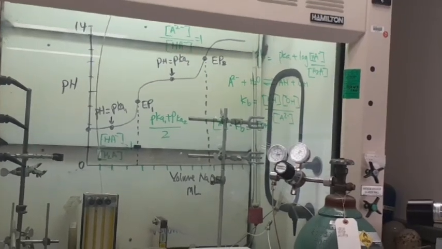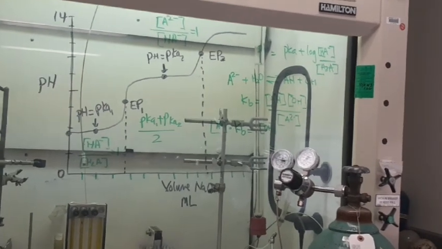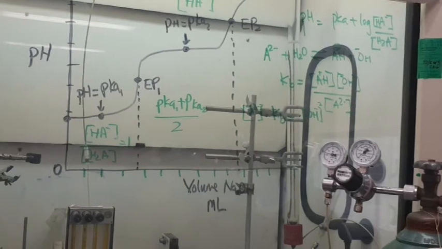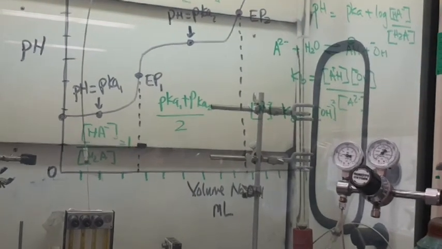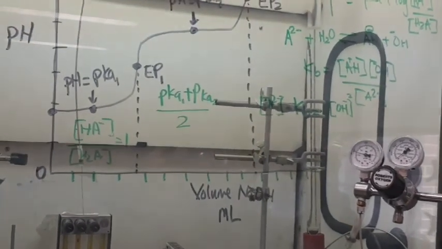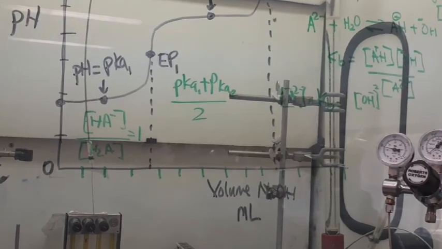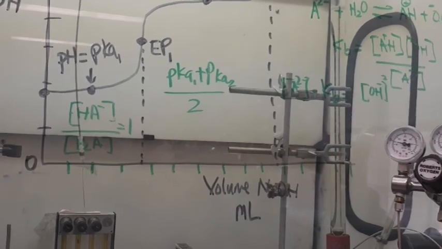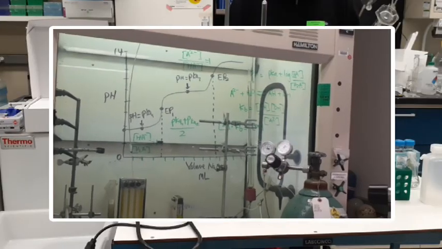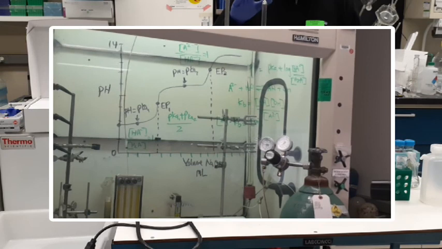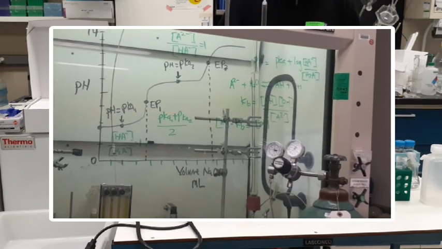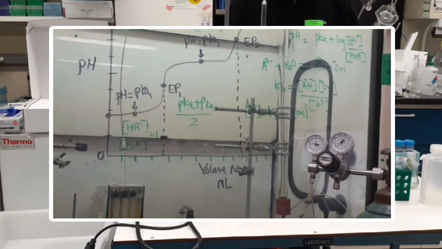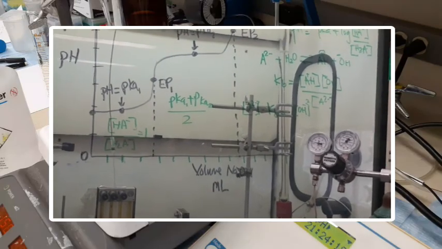We record that pH. In most cases, obviously, it goes from a low acidic pH to a higher pH. At each equivalence point, there is a significant change in pH. So as we are adding the sodium hydroxide, each proton would be neutralized stepwise, where endpoint 1, 2, and 3 would show the neutralization of proton 1, 2, and 3 respectively.